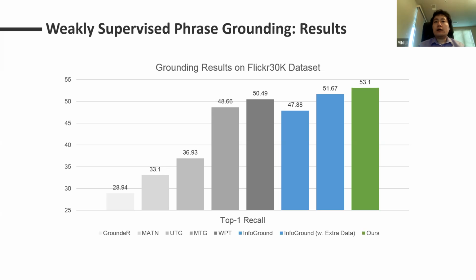So our close competitor is this method called InfoGround. When trained with the same set of data, our method is about 5.3% better in recall. Even if you train InfoGround with extra data, our method still outperforms their method and all the previous methods, including I think this MATN from Yezhou's group. That's interesting.